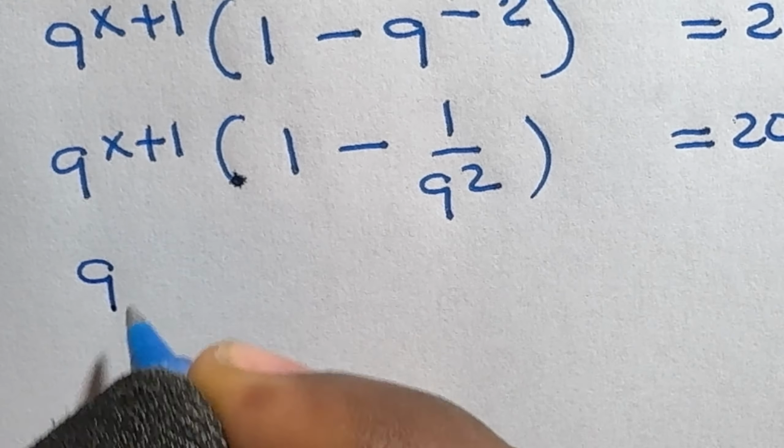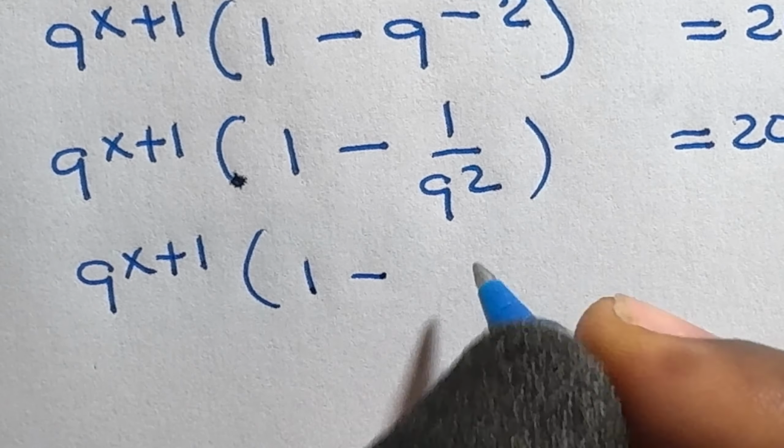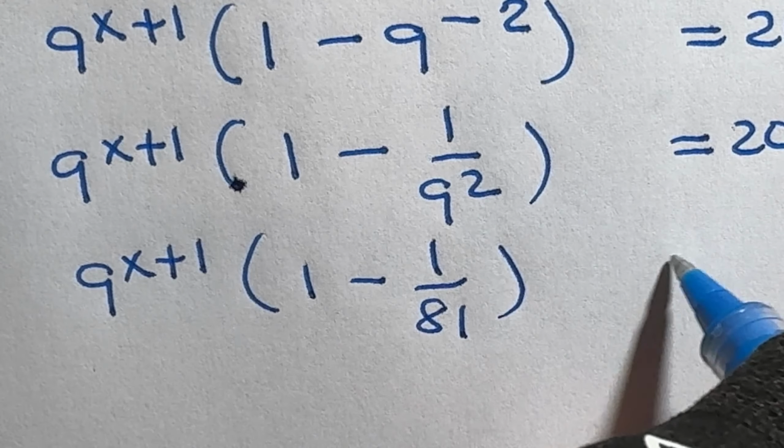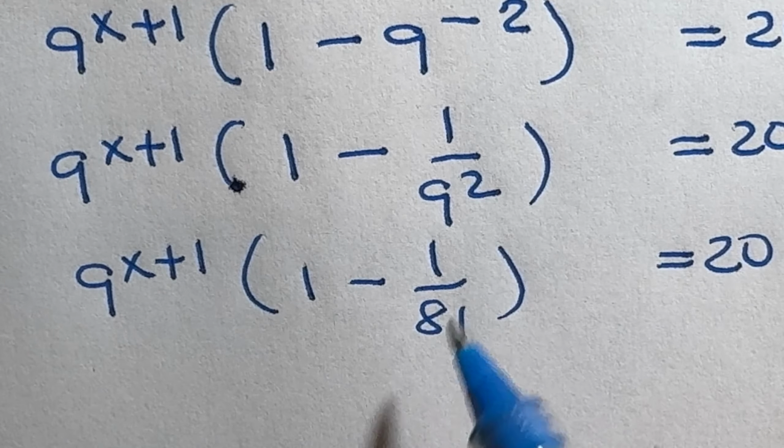9 raised to power x plus 1, 1 minus 1 over 81 is equal to 20. Let us find the LCM of the terms in the brackets.